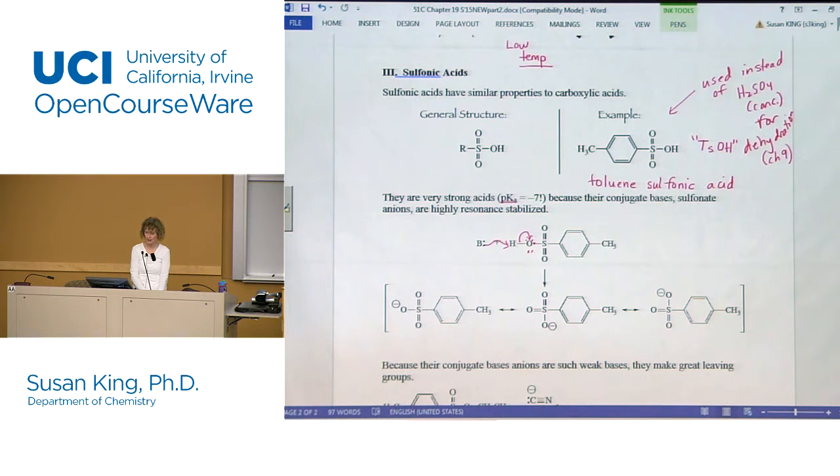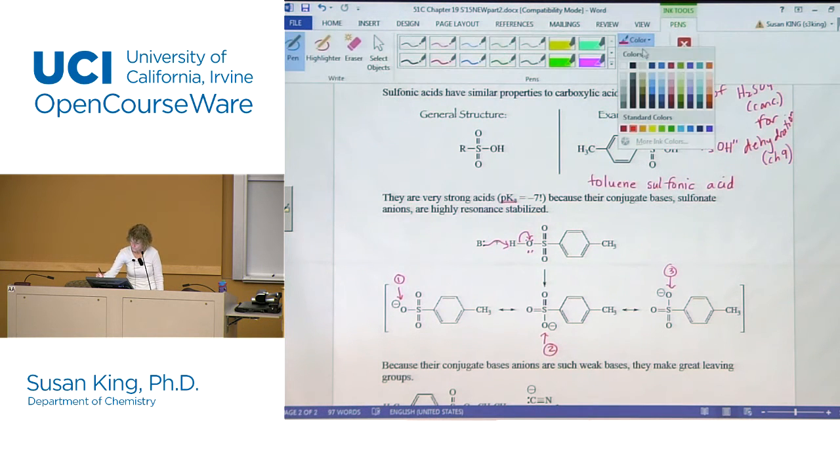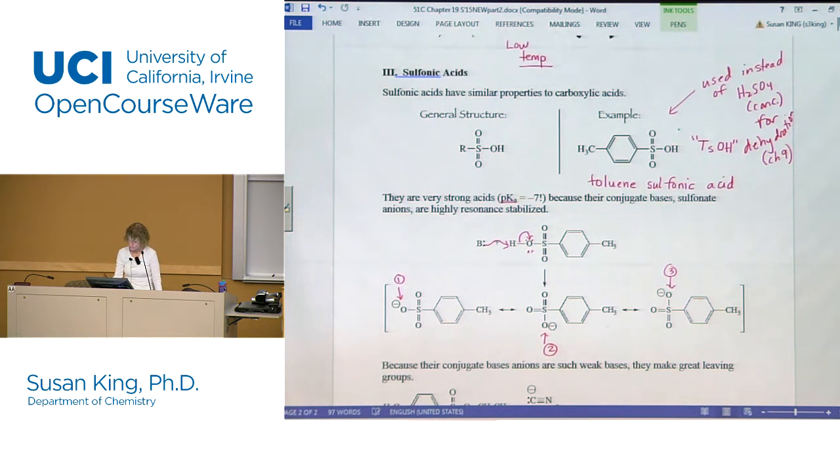With sulfonic acid, you can delocalize the electrons onto 3 oxygens. So here's oxygen number 1, oxygen number 2, oxygen number 3. More highly delocalized electrons, so highly resonance stabilized.